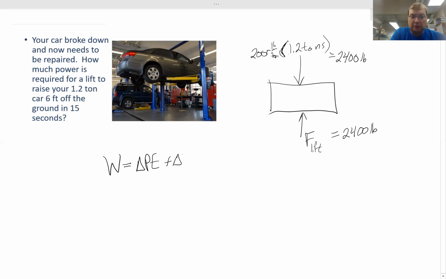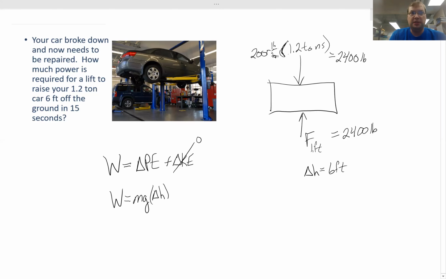So if we go with the idea that work is the summation of the change in kinetic energy and the change in potential energy from start to finish, from conservation laws, there is no need for the change in kinetic energy. We're told that the change in height is equal to 6 feet. So our change in potential energy, because we're raising it up 6 feet, W is equal to the mass multiplied by gravity, which is the weight, so that is our 2,400 pounds multiplied by delta h.